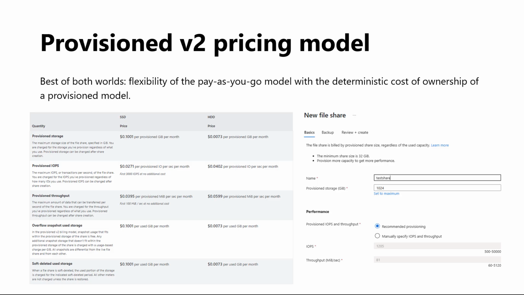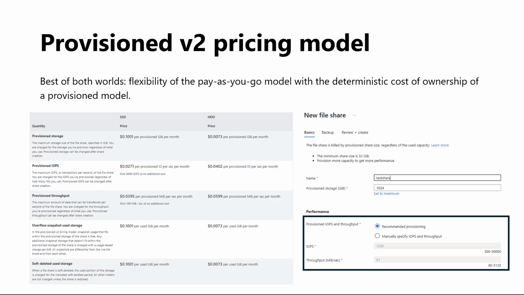The way that we've done this is by pairing the flexibility of the pay-as-you-go model with the deterministic cost of the provision model. So when you provision a share, you provision storage, IOPS, and throughput. By default, we are recommending a certain amount of IOPS and throughput to you based on the type of share you have, for example, if you have an SSD file share or an HDD file share.